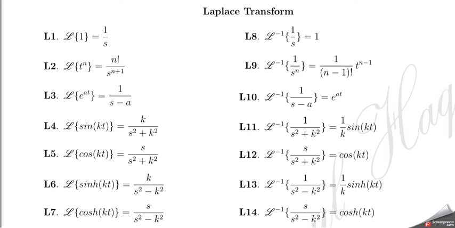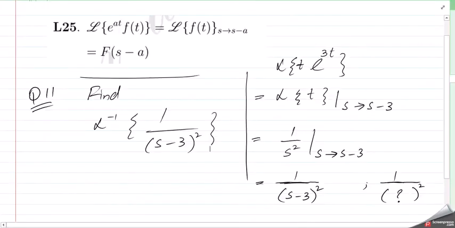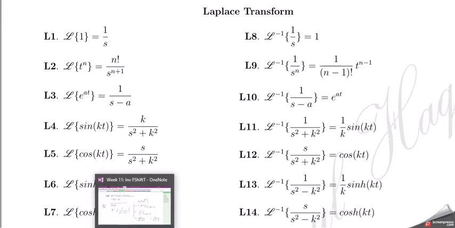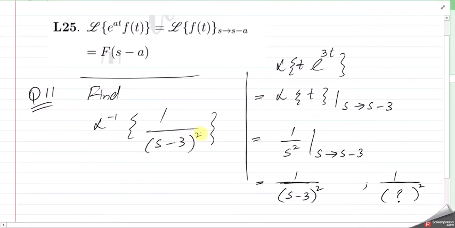We do have formula for 1 over s minus a, but not 1 over s minus a with some power. As you can see here, we have 1 over s minus a, but with a power square outside. So the formula for e power at can work only if it is 1 over s minus a. There is no formula that fits this situation, 1 over s minus 3 square.